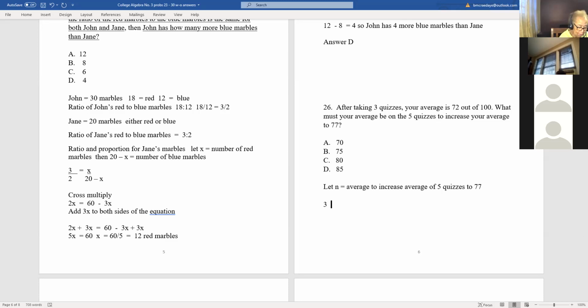Let's just put it all together. 3 times 72. And what do we want to add to this? Let's put that in parentheses.